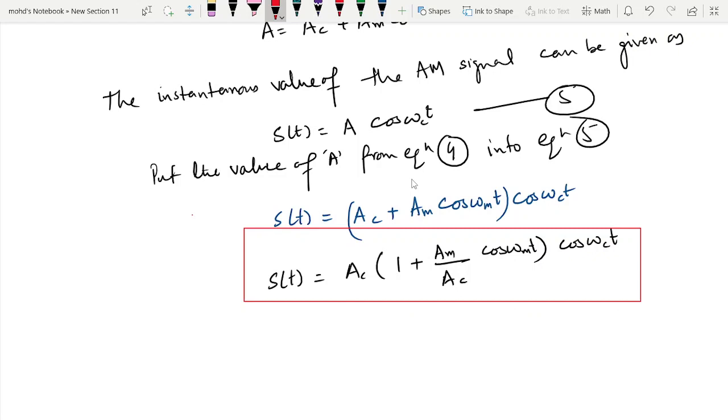So it can also be written in simple form.